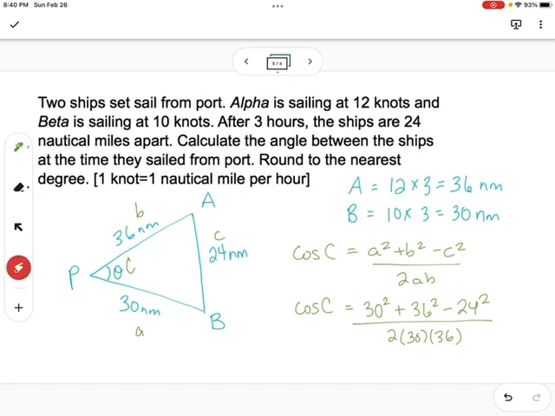Reminder, when you want to get C by itself, you move cos to the other side, and it'll be a cos inverse. So angle C is going to be the cos inverse.